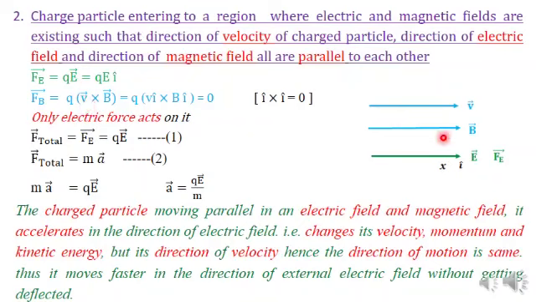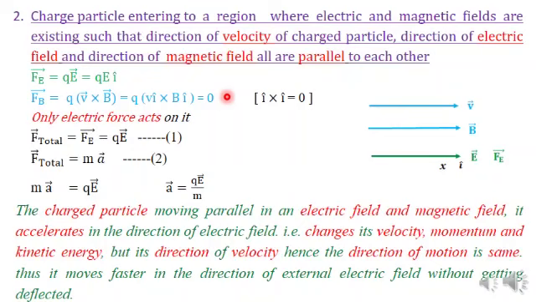Since E, V and B all are along the x-axis, vector Fe equals q E i cap. Similarly, vector Fb equals q V i cap cross B i cap.